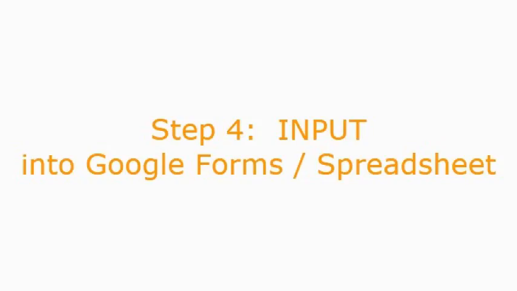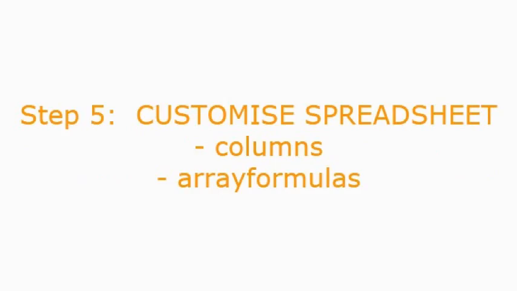The rest of the steps I will not cover in much detail because many videos exist on these topics. The fourth step is to input your design into the Google Forms or spreadsheet. Step 5 is to customize the spreadsheet that Google automatically generates.